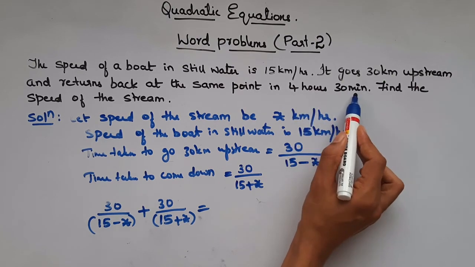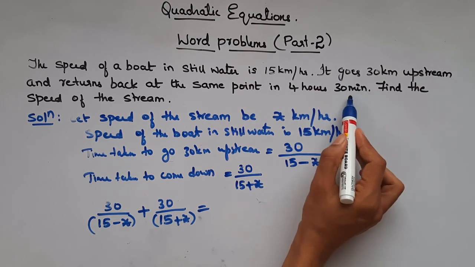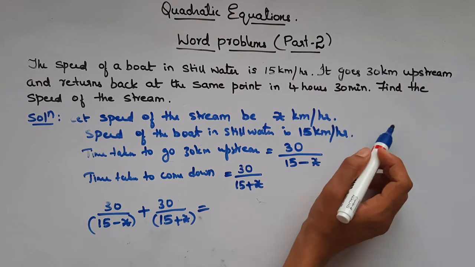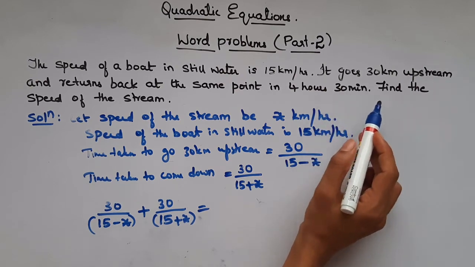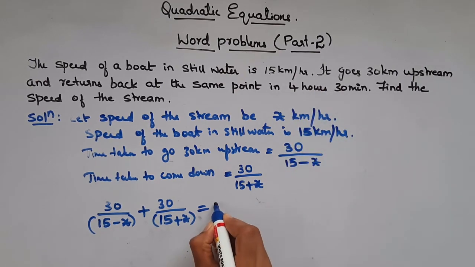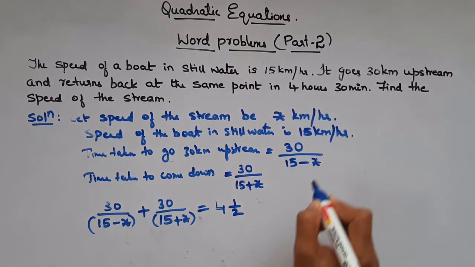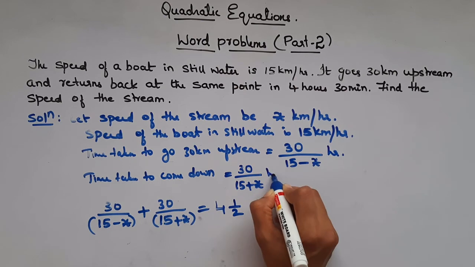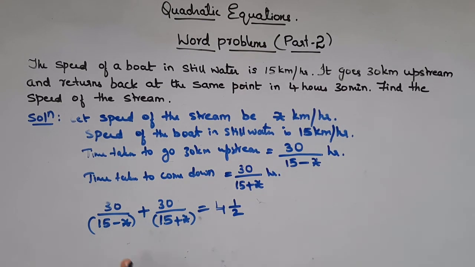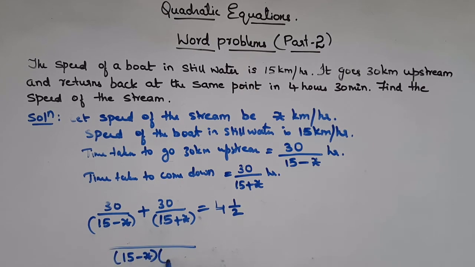4 hours 30 minutes means half hours, right, in terms of hours. So 60 minutes will give you 1 hour, so 30 minutes is half. So 4.5 hours, right? These everything are in hours. Alright. So now we have to simplify this. So let's take the LCM here. Here the LCM is 15 minus x and 15 plus x, right?